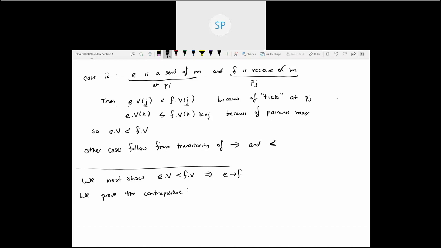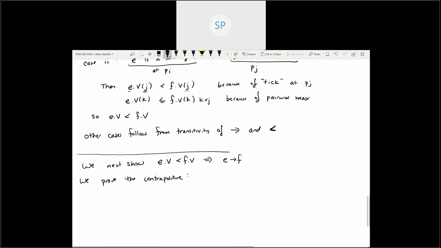It did not know about F, right? Because F obviously is coming later. So when Pi sent the message, its value of j had to be less than the value of j when the message is received, because messages travel forward in time. Okay, good. And I do see some good contrapositives up there too, right?